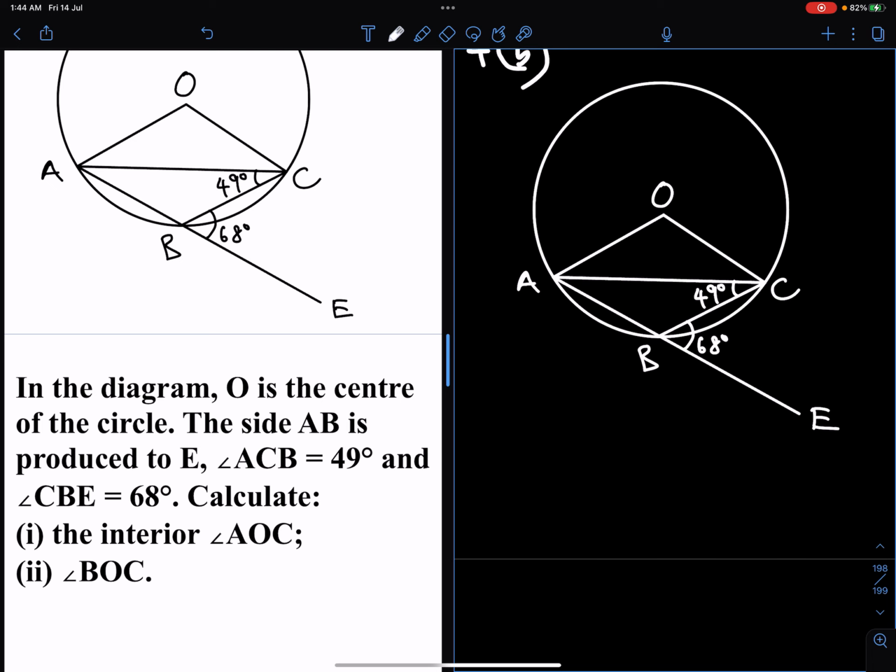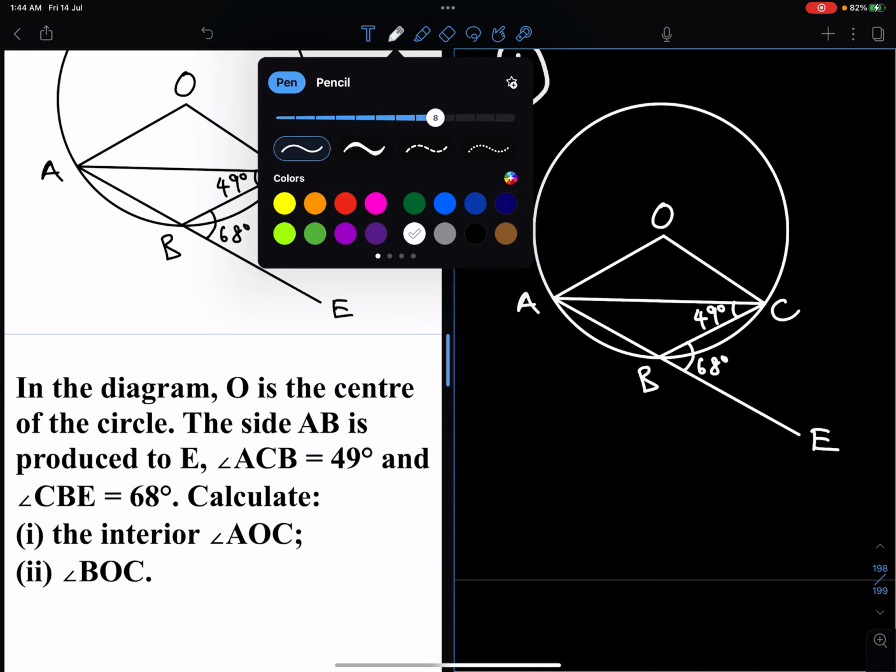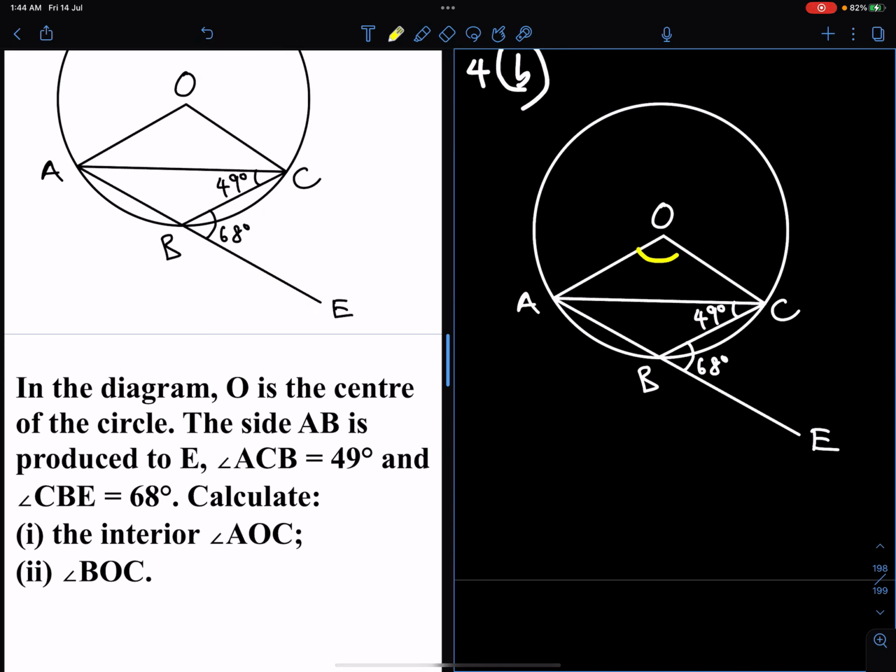Now, first of all, we want to find the interior angle AOC, which is this angle. How do we find that angle? We know that angle ABC is equal to 180 minus 68 degrees.